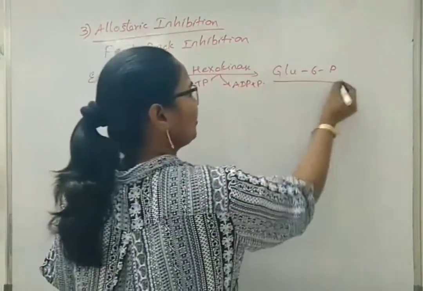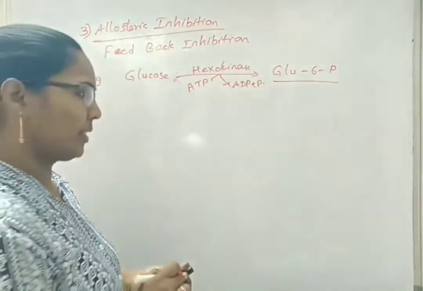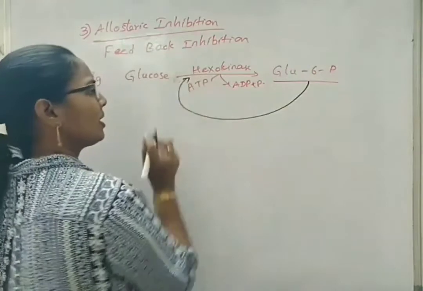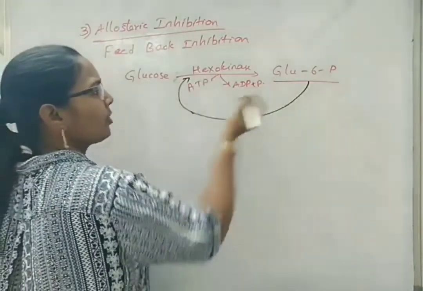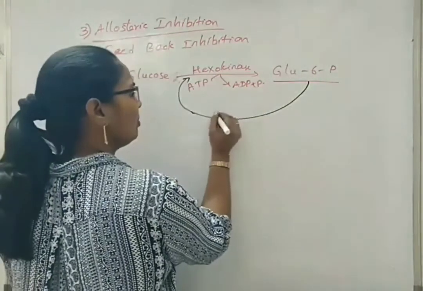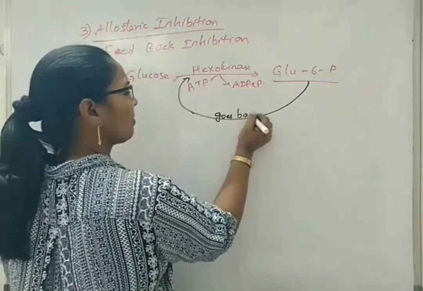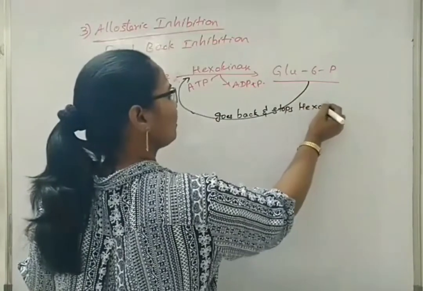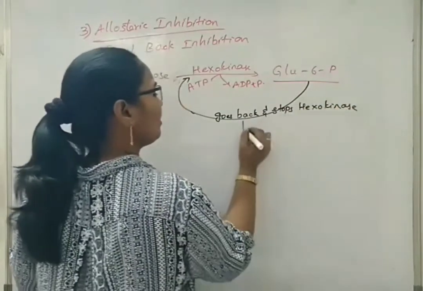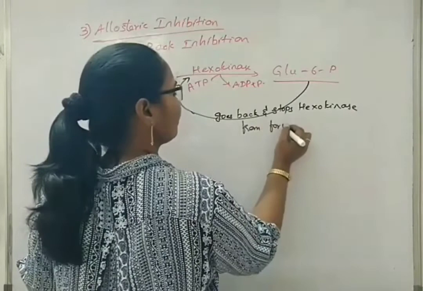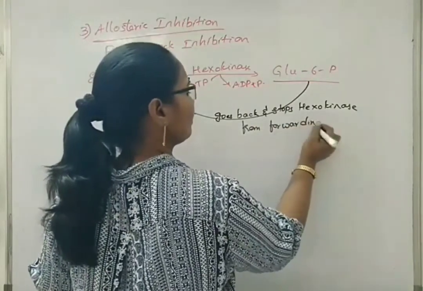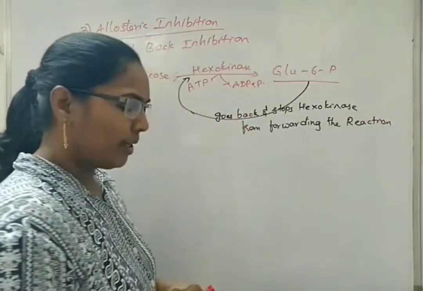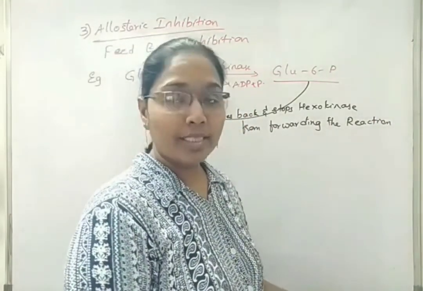But here, if body doesn't require more number of glucose 6-phosphate, then the glucose 6-phosphate itself will come and bind to hexokinase and it will stop the forwarding reaction. So it goes back and stops hexokinase from forwarding the reaction. So this is one of the best examples for feedback inhibition or allosteric inhibition.